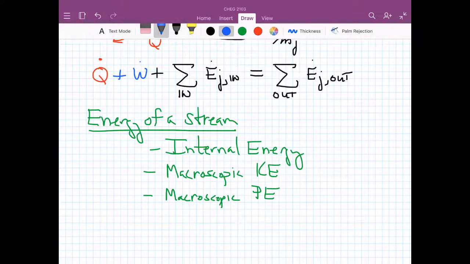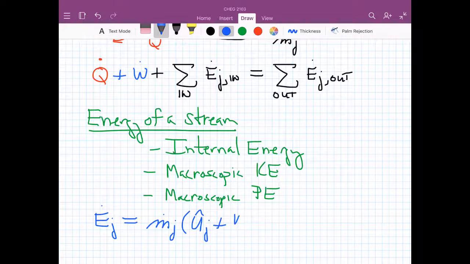So I can therefore write that E sub j is going to be the mass times the specific internal energy per unit mass for the stream, plus Vj squared over 2, that's the kinetic energy, plus G z sub j.